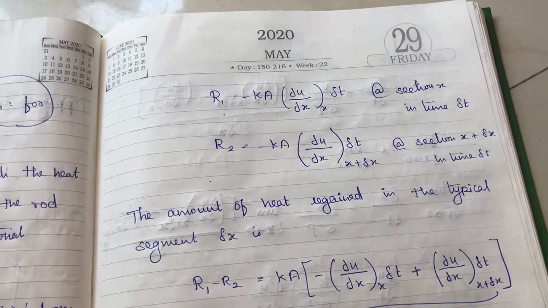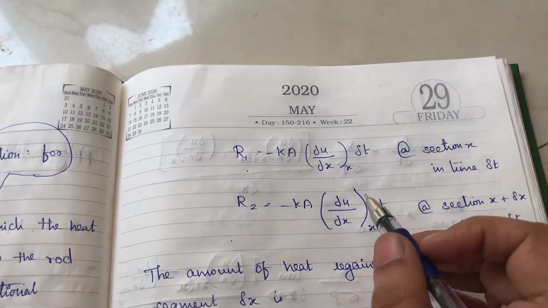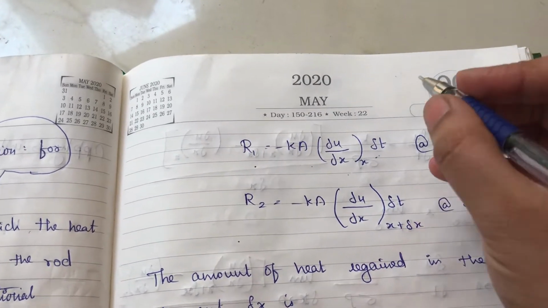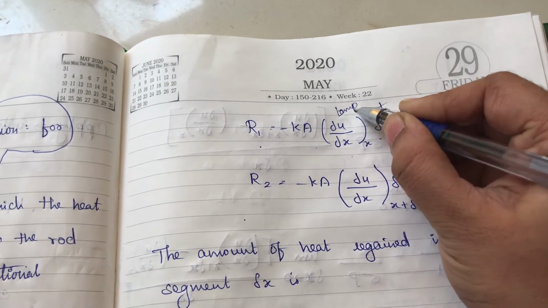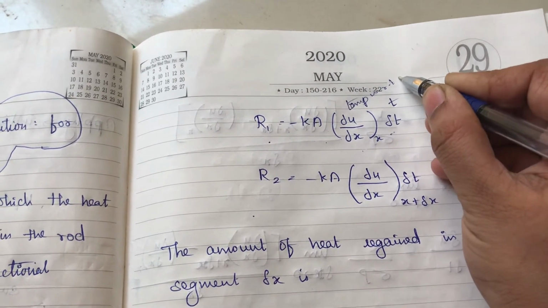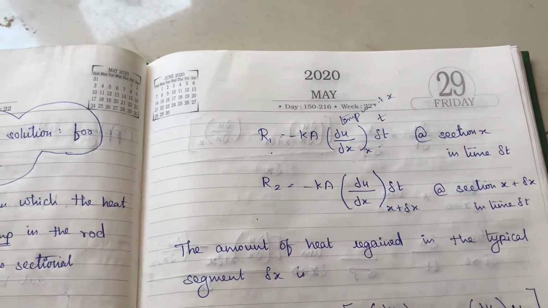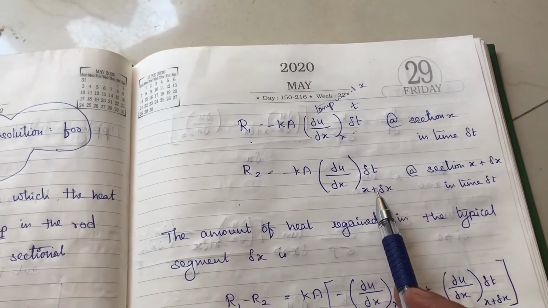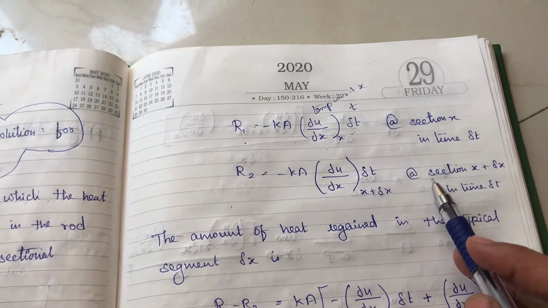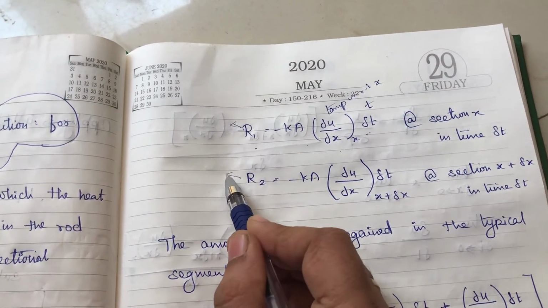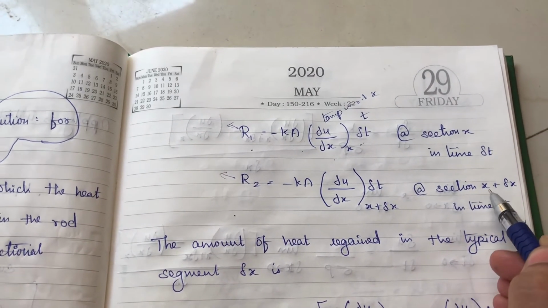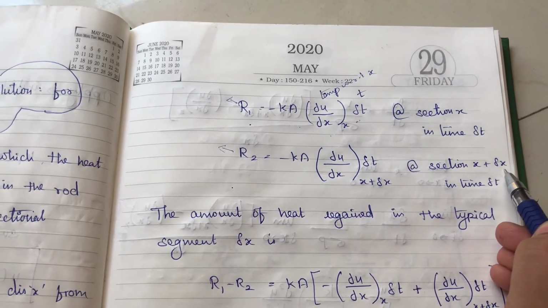Here dt is the time, dou u by dou x is the temperature gradient with respect to x, and A is the area. This is the heat. If I want the amount of heat at section x plus del x, what is it?